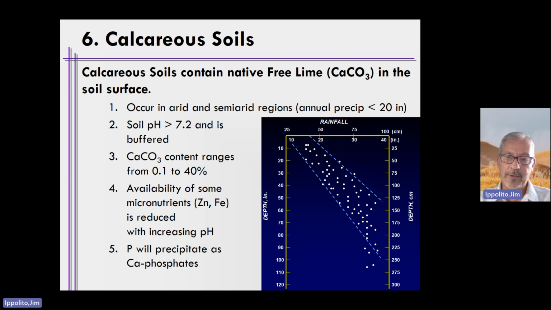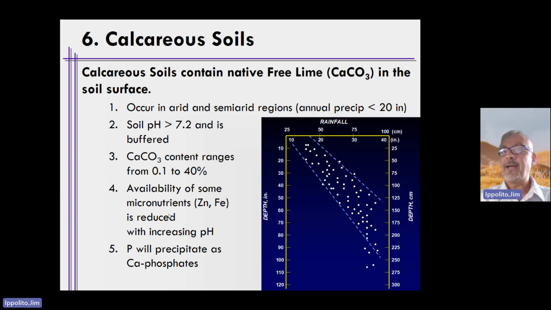It's almost impossible to tell the difference between the two, but that's the natural weathering scheme. And so as greater and greater amounts of rainfall occur, that calcium carbonate in the soil surface is dissolved, precipitated, dissolved, precipitated, and eventually it's washed out or leached out of our soils completely in highly weathered systems like you find on the eastern coast of the United States.